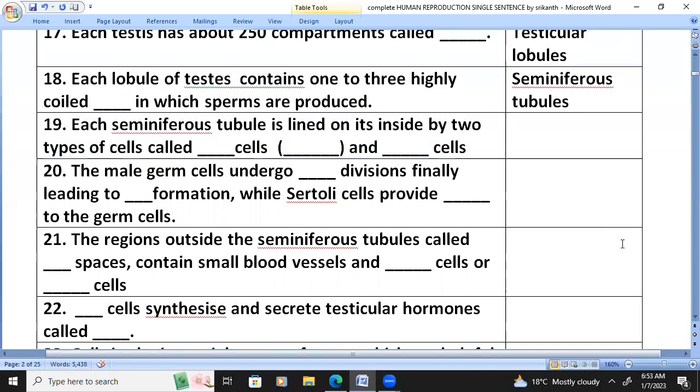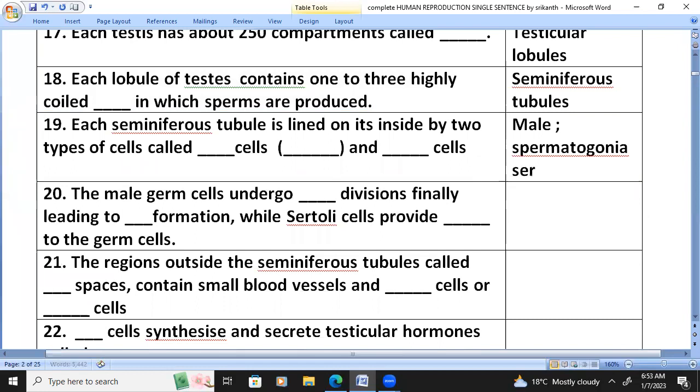Each seminiferous tubule is lined on its inside by two types of cells called male germ cells, which we call spermatogonia, and Sertoli cells. The male germ cells undergo meiotic divisions, finally leading to the sperm formation, while Sertoli cells provide nutrition.